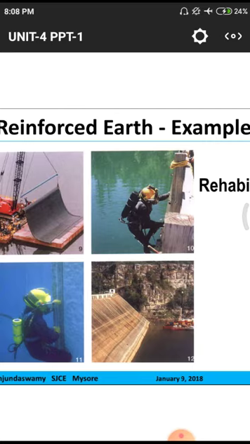If there is a small crack, automatically we need to take action without elaboration of time. Here also the person is simply doing some rehabilitation works underwater. That means all those are underwater constructions. Here we have to observe piers that are underwater on a small scale, that means bridges within the rivers.